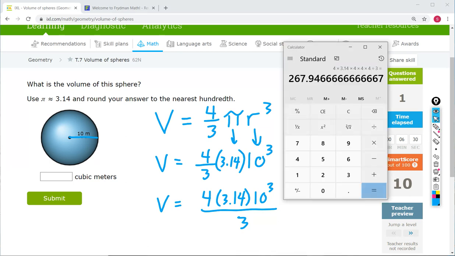And now we just plug that into the calculator. Nice and easy. 4 times 3.14 times, remember, 10 to the third power means 10 times 10 times 10. And then we're going to divide all of that by 3, and we get this.